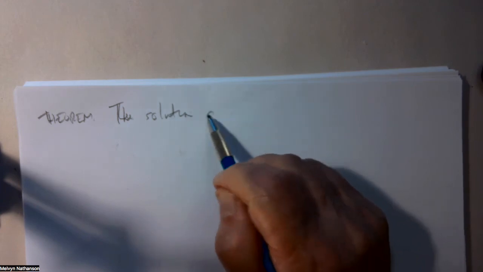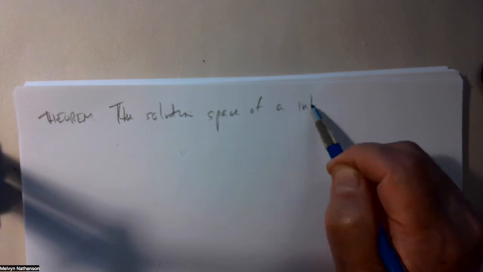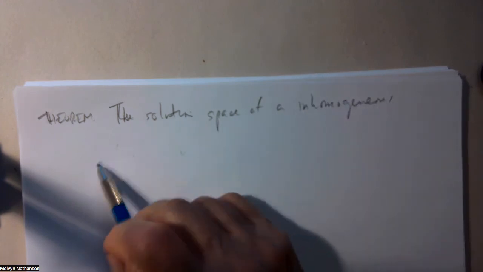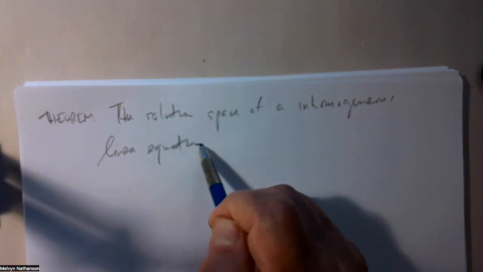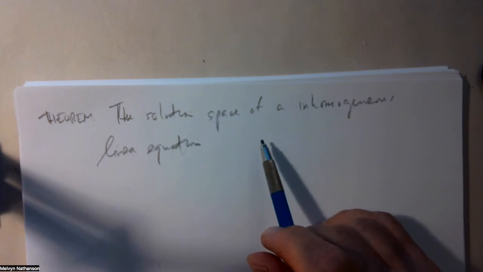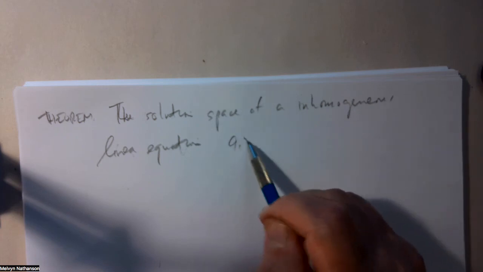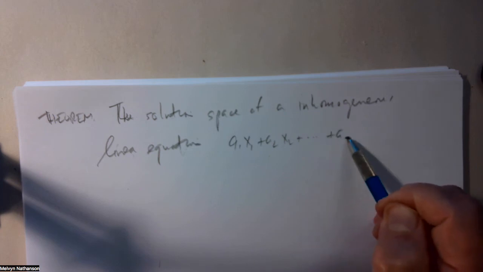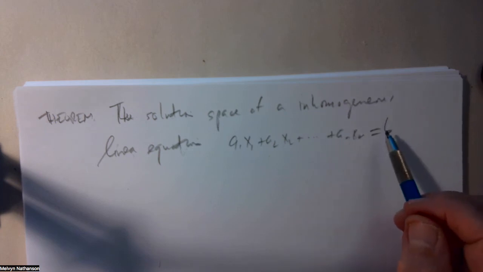The solution space of an inhomogeneous linear equation a1x1 plus a2x2 up to anxn equal b.